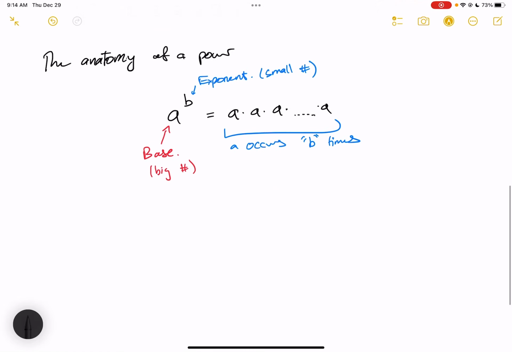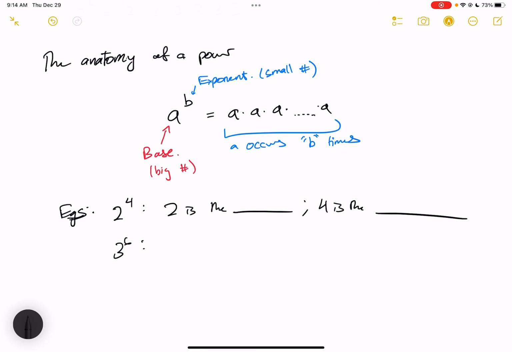All right? So real quick, just to test our knowledge of the anatomy, let's do a couple of examples. 2 to the 4 and 3 to the 6, let's do. In these two cases, 2 is either the base or the exponent, and 4 is the other one.